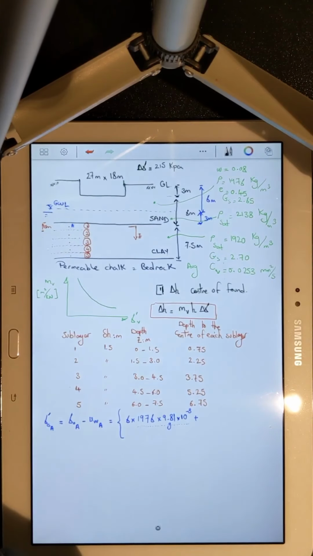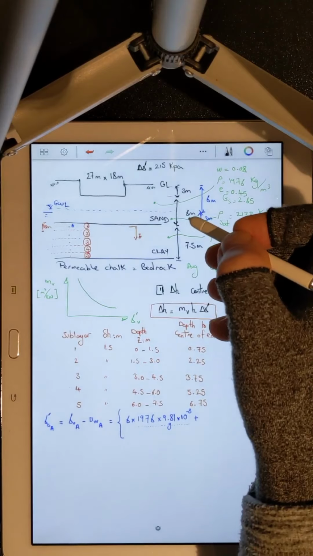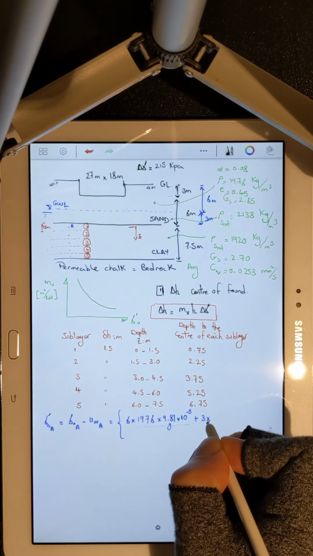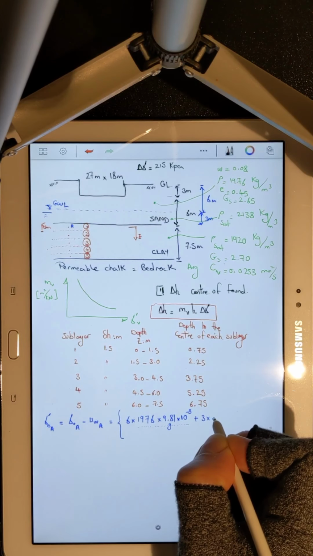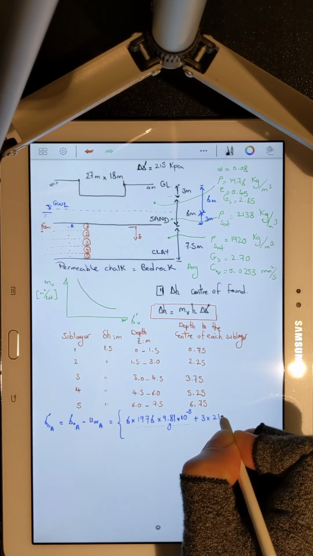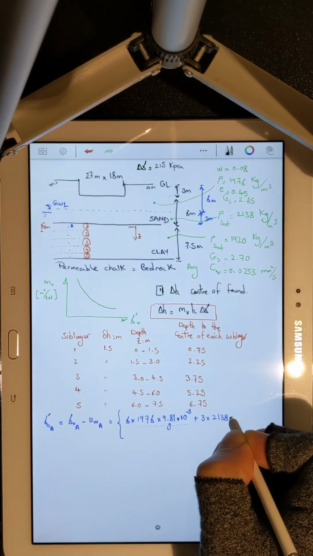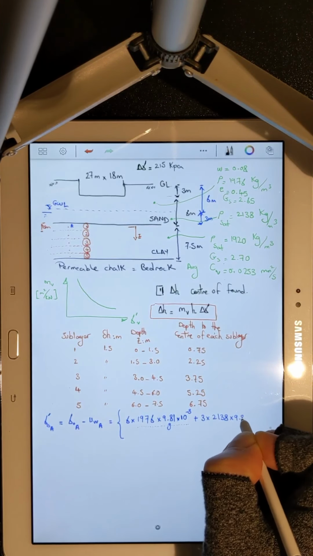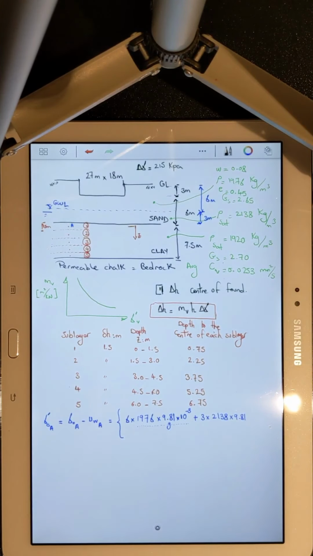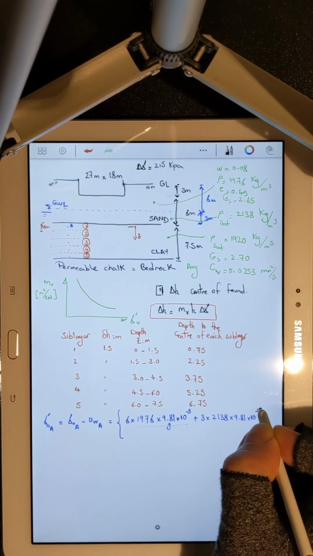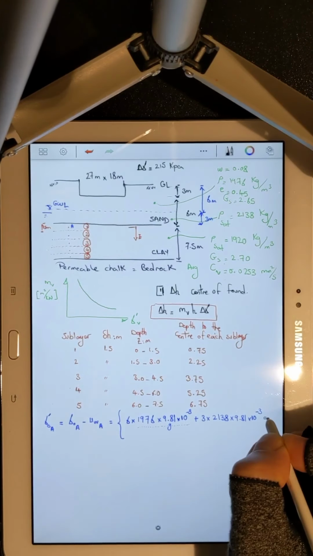Plus, I have 3 meters of saturated sand, so 3 multiplied by unit weight of saturated sand, 2138 kilogram over meter cube, times 9.81, that's g, gravity acceleration, Newton over meter cube, times 10 to minus 3 kilonewton over meter cube. All good.